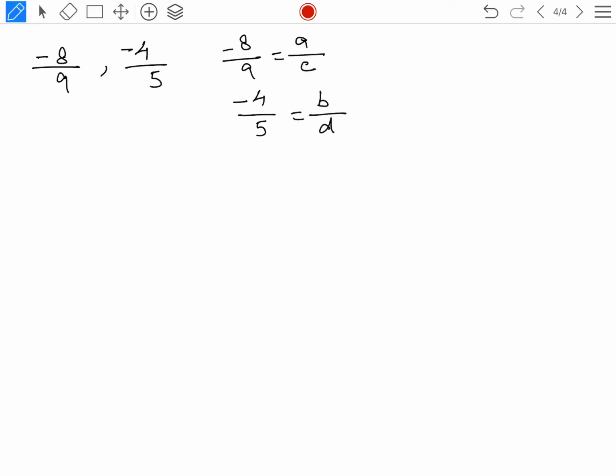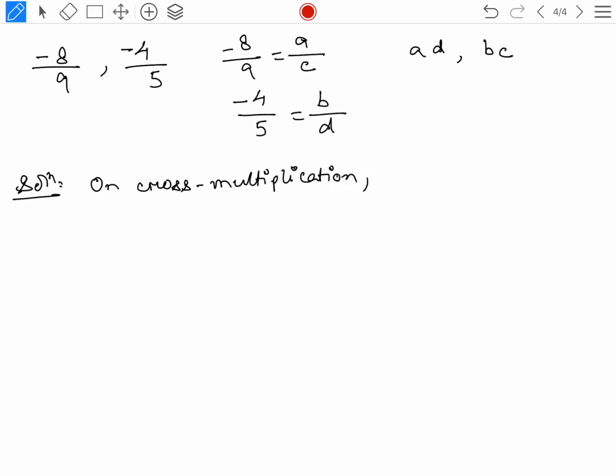We need to find AD and BC, yes or no? AD and BC. So we'll simply cross multiply. You will write solution, you will write on cross multiplication. We'll cross multiply.